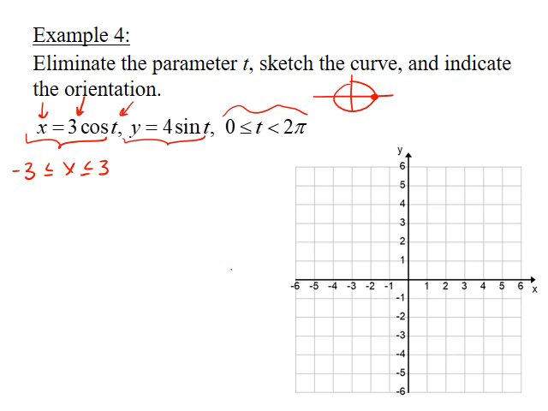And these are values for x because this equation is set equal to x. Similarly, over here, everything for y will be sandwiched between negative 4 and 4. So this will be my domain, because they're the values for x.